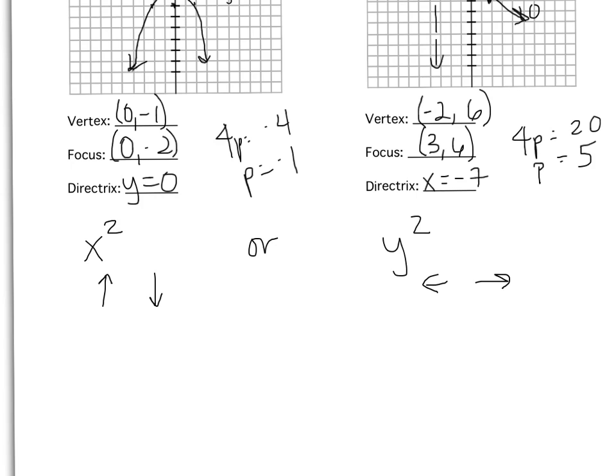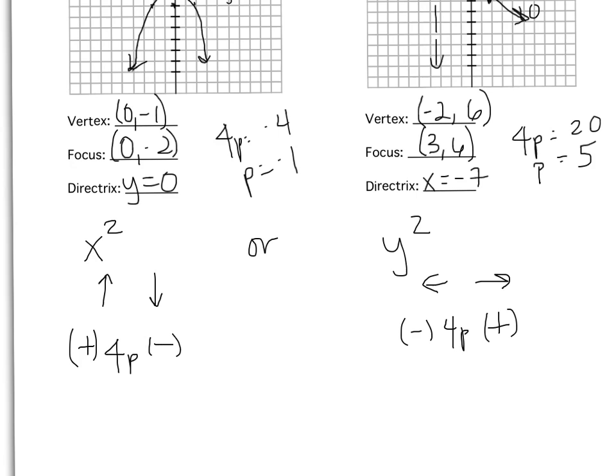If x is squared and 4p is positive, it opens up. If 4p is negative, it will open down. If y is squared and 4p is positive, it'll open to the right. If 4p is negative, it opens to the left.